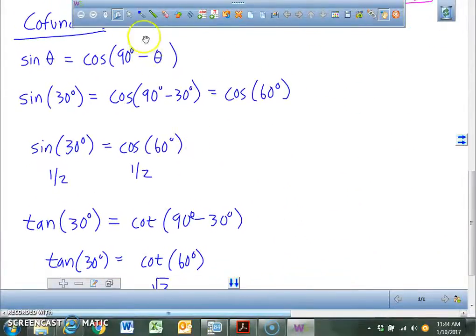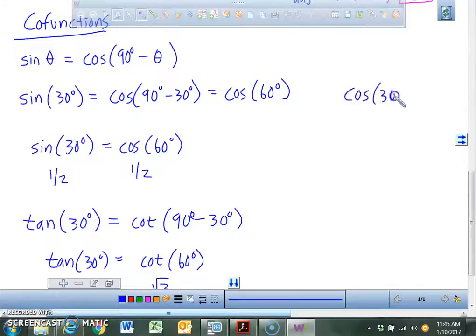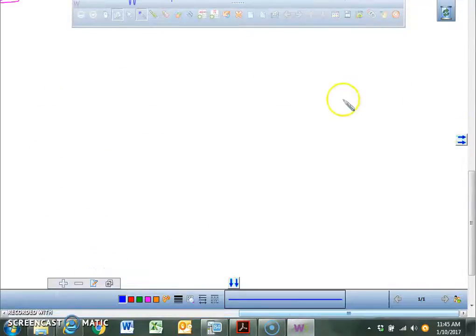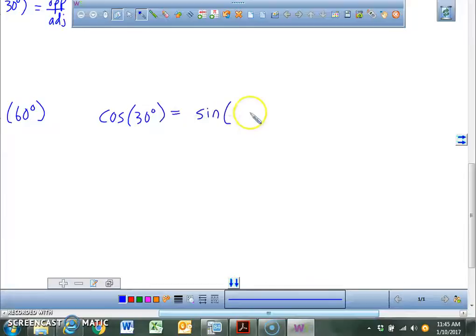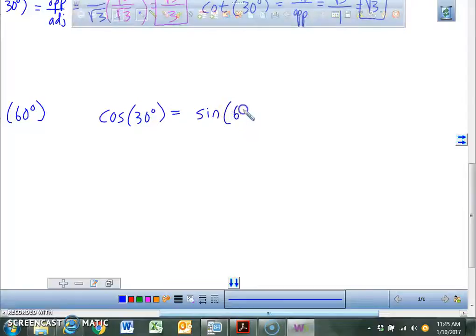So if I said, what's the cosine of 30 degrees, what would that equal as far as sine? That should be the sine of what? In this particular case, if that's 30, that has to be 60.